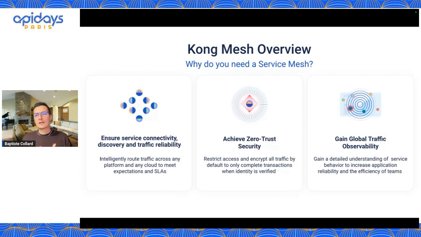And the third pillar is about observability, because with the service mesh deployed, you will easily have metrics exposed for each service in the mesh, and also traces, logs, and all of that in a standardized way. So this avoids confusion when you have multiple ways of formatting your logs for each application.